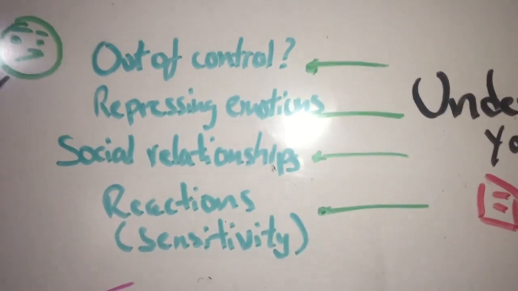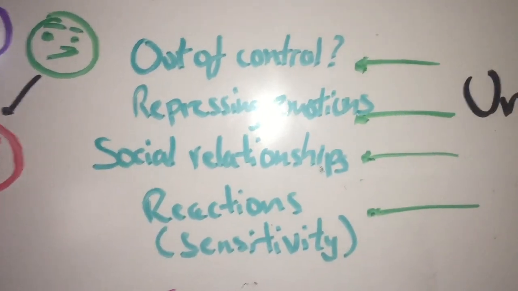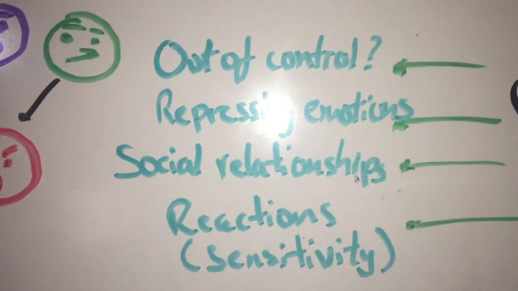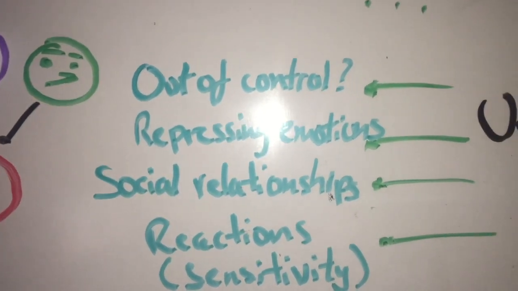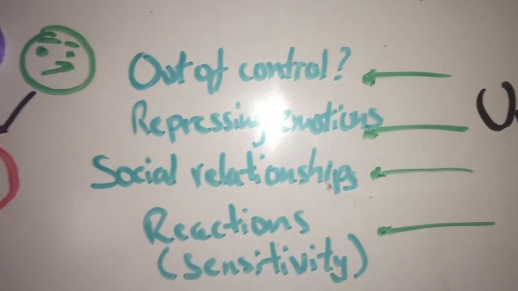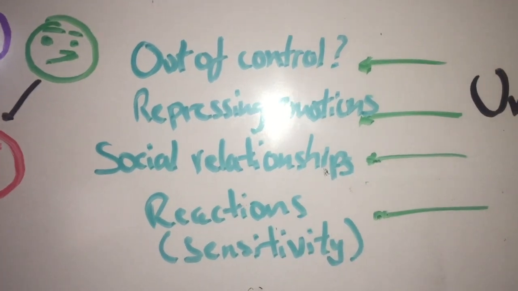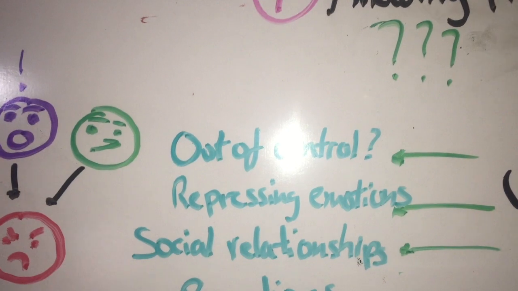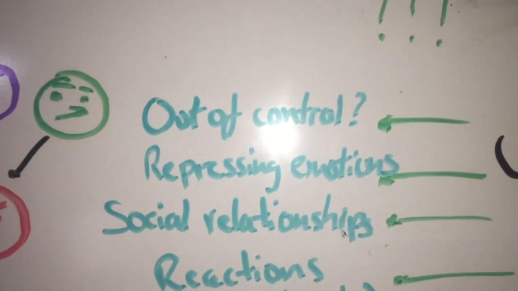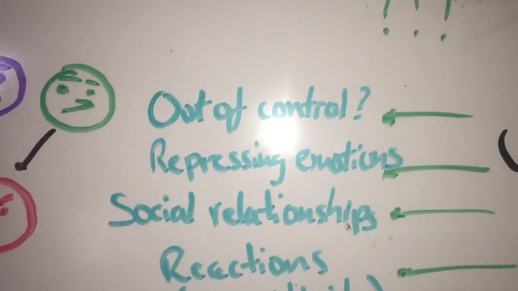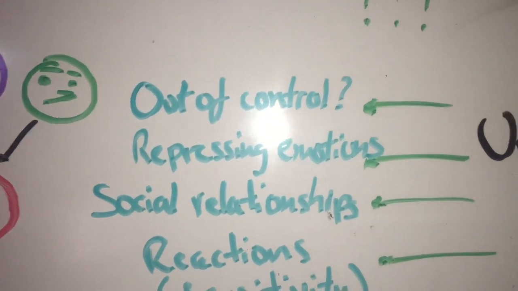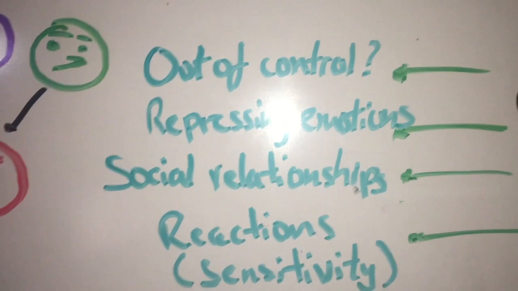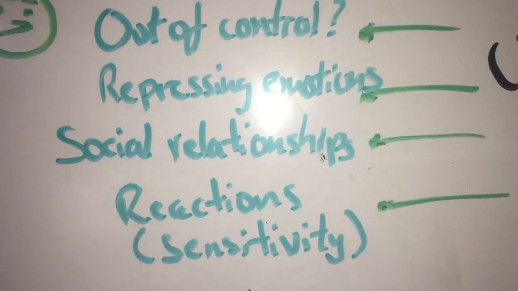The main four steps for understanding your anger are knowing if it's out of control, an extreme case where you get very violent against other people or hurt yourself; also repressing emotions, like hiding sadness or abandonment issues, which can all be focused in anger so that you only feel anger; and also your social relationships.